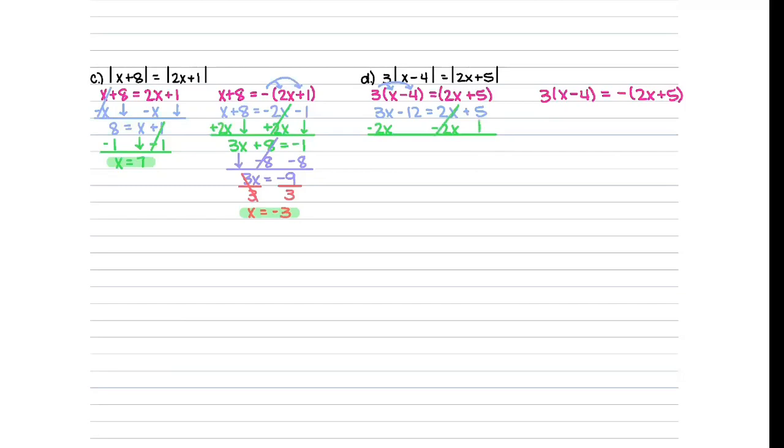So this is going to leave me with x minus 12 is equal to 5. From here, I just add my 12 to both sides and get that x is equal to 17.